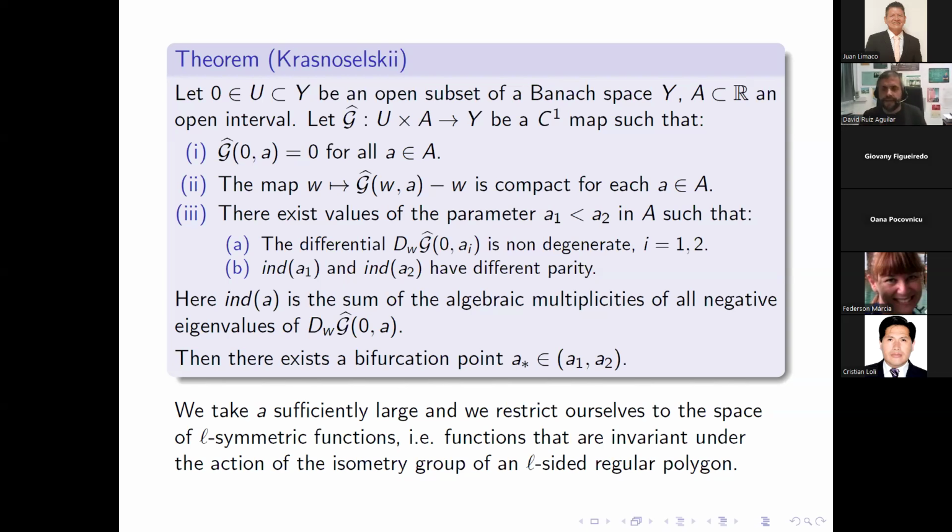The reason is that in this way I know very well the behavior of the functions, because everything looks like an ODE when A goes to plus infinity. Also, we need to make use of symmetry, the dihedral symmetry: functions that are symmetric under the symmetry group of the L-sided polygon.